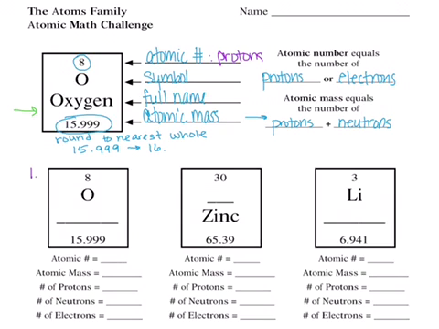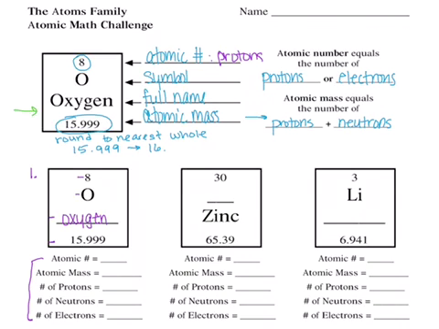If we look at this first one, we have an atomic number of 8, an element symbol of O, a blank where we're supposed to write the full name, and then we have our atomic mass. The full name of the element O is oxygen. Then we need to answer these questions.